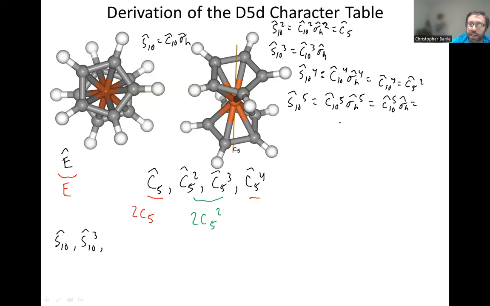And C10 five times is equal to a C2, right? A 180-degree rotation. 36 times 5 is 180. We have a C2 times a sigma H. And anytime you see this, a C2 times a sigma H is actually the same thing as an inversion operation.